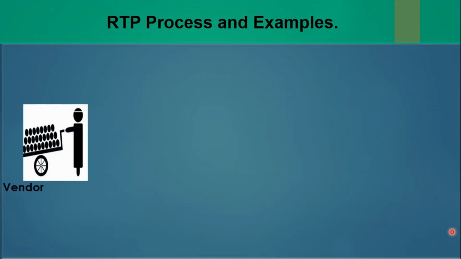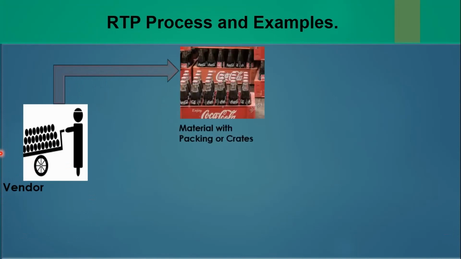So let's say this is the vendor and he is providing some sort of material. Initially, a basic example: let's take beverage bottles, maybe beer, Coke, Pepsi, Sprite or any other bottle. The vendor cannot send them one by one, because they may break or get damaged.